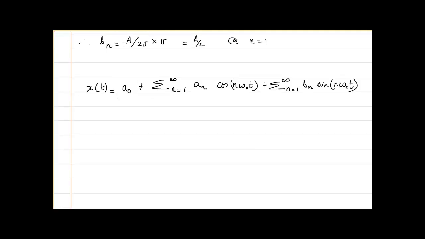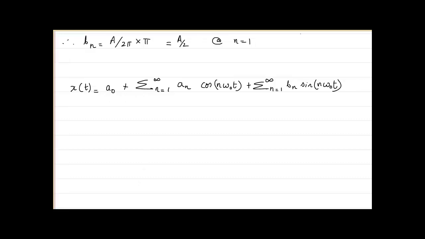x of t is, according to the equation that we have already studied, given by this equation, where we have already found out what a naught, an and bn are. So I will write x of t.